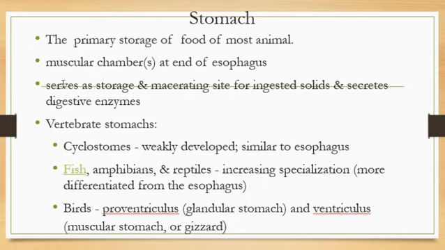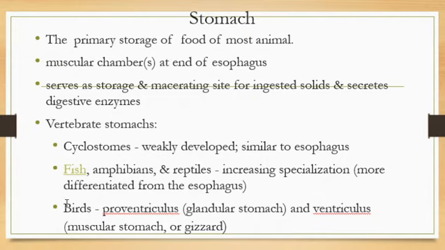The stomach already contains acids. It is the primary storage of food, highly musculature. Cyclostomes have a weakly developed stomach, similar to the esophagus. Fishes, amphibians, and reptiles have increasing specialization, more differentiated and highly muscular.